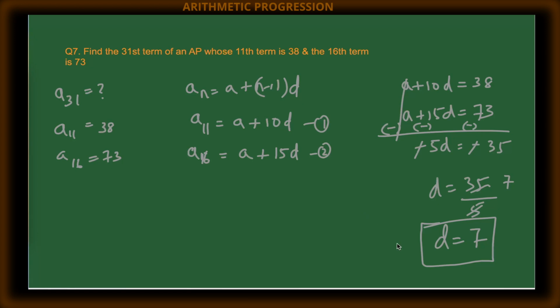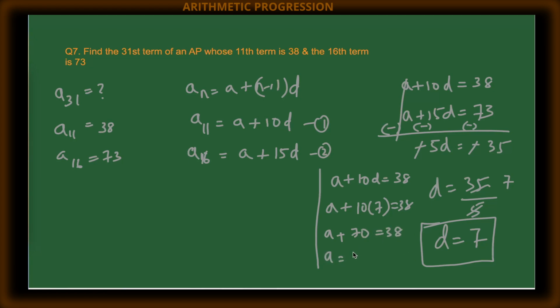So we got the D value, and by replacing it, we can get the A value. In one of these equations, 1 plus A plus 10D is equal to 11, so 38. So let's replace here. A is the one which we need to find. 10 into 7 is 70, so A plus 70 is equal to 38.